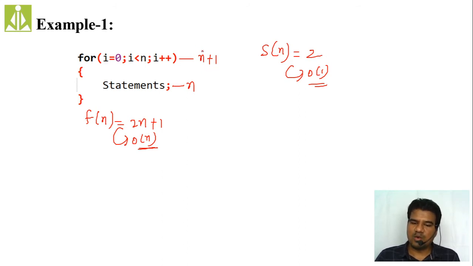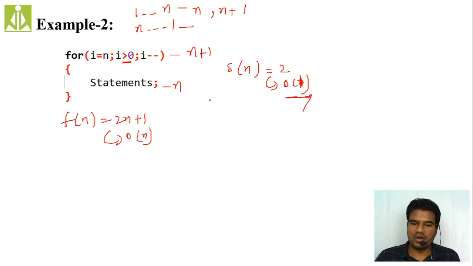So that is the reason we are simply avoiding this also in our calculation. Simply avoid this and consider only the internal statement frequency. The internal statement frequency now is n, so our function will become order of n only. Here also same thing. For example 2, you can avoid this thing.